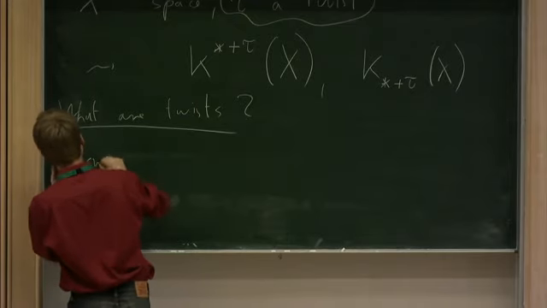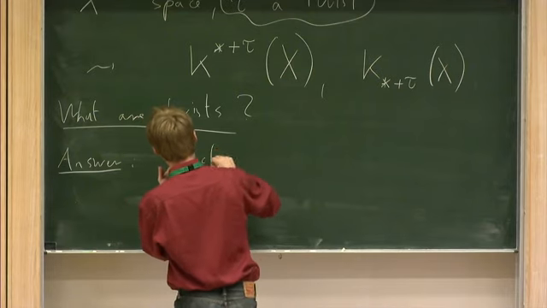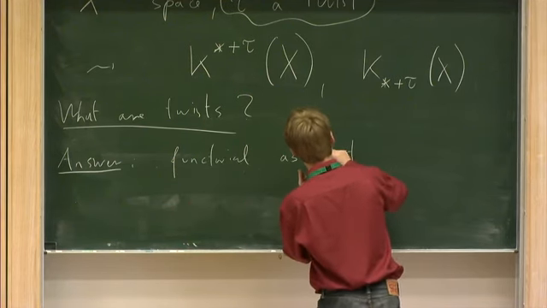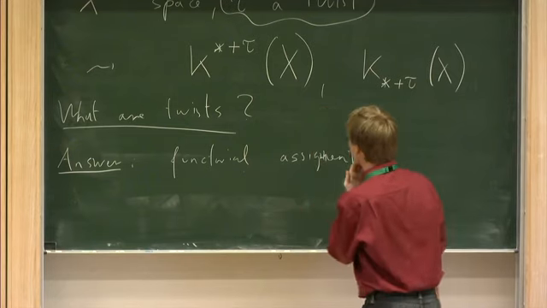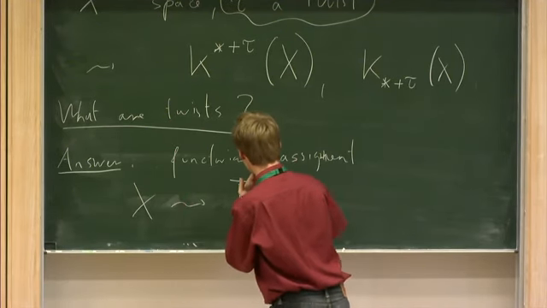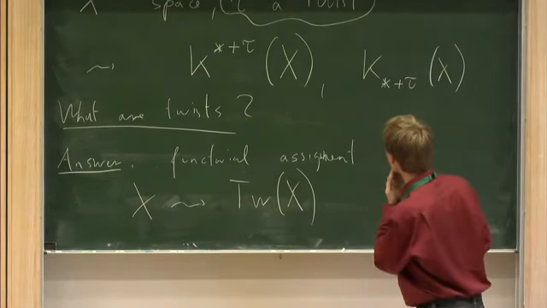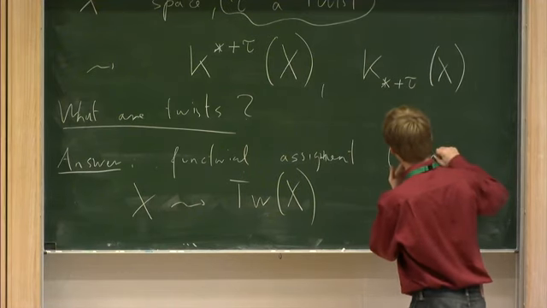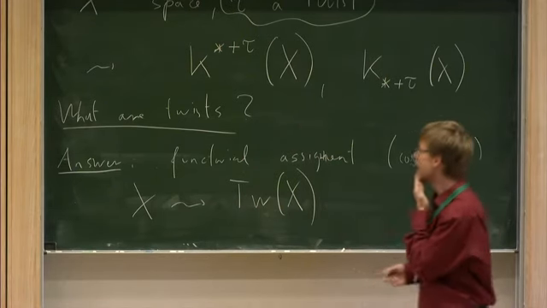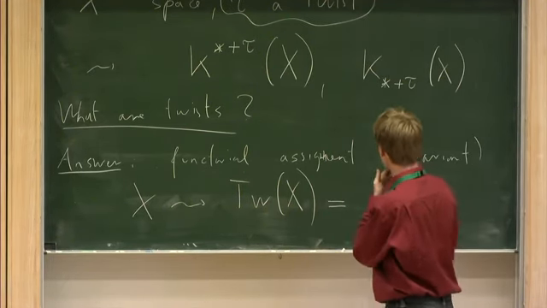And the answer is: a functorial assignment. To X, we assign these twists on X. And if I say functorial, I should maybe also say that this is covariant. So we can pull back these twists along maps between spaces. And what should these twists be?